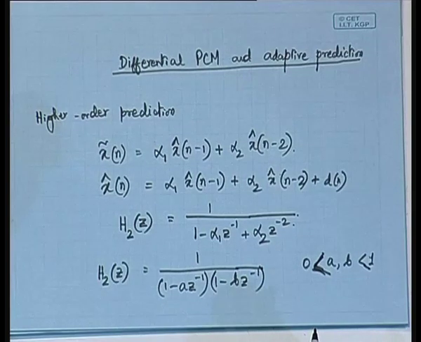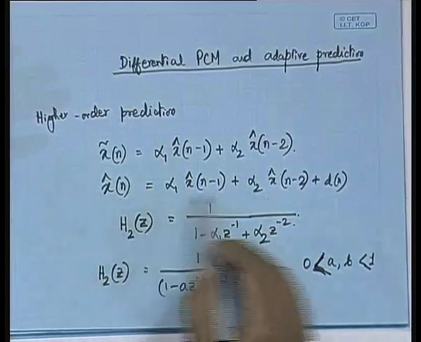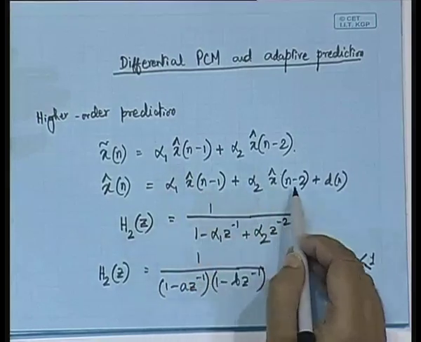But the thing is that many a time, in many of the systems, you will find that despite the fact that second order prediction will give you an increased gain, people prefer first order prediction, because first order prediction uses a very simple circuit, okay, only one unit delay is enough, whereas in order to have a second order or higher order prediction, the circuit becomes more complex because one has to account for several past samples, okay, because in this case you can see that x cap of n is based on x cap of n minus 1, n minus 2.